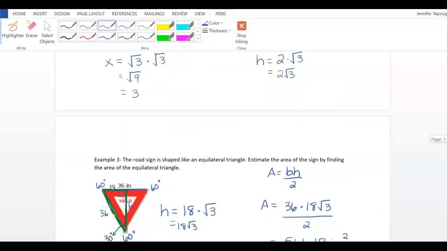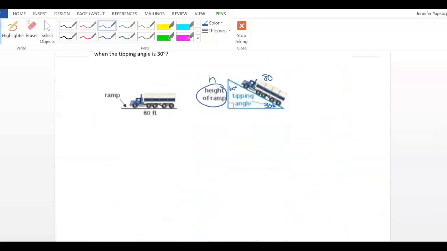So if I go back, the hypotenuse, which is this long side, 80, is equal to 2 times the height. So this is pretty easy to solve. We're just going to divide both sides by 2. And I get h equals 40 feet. And there you have it.